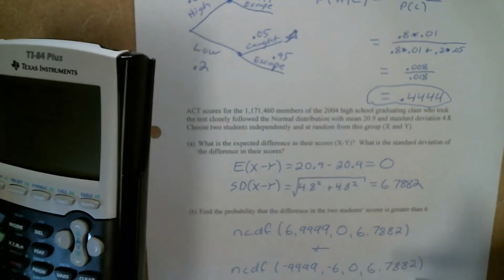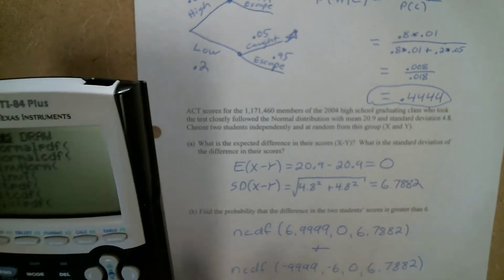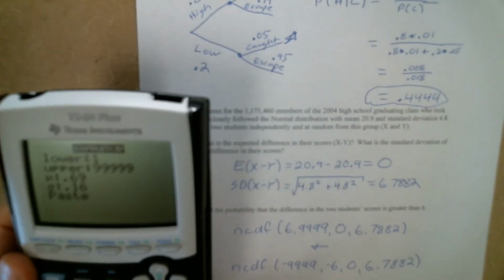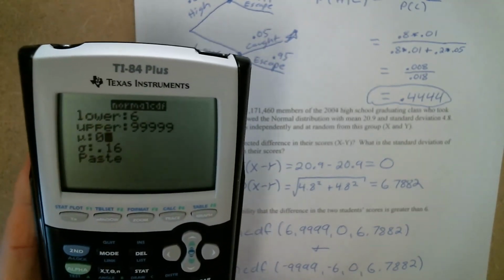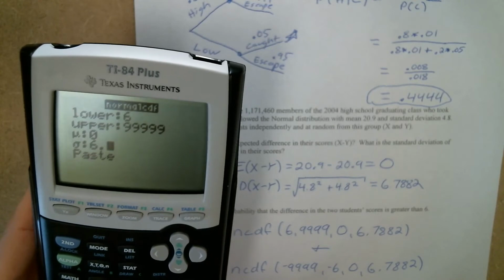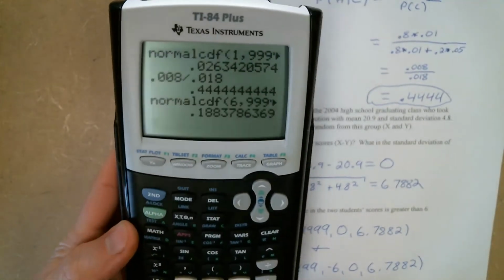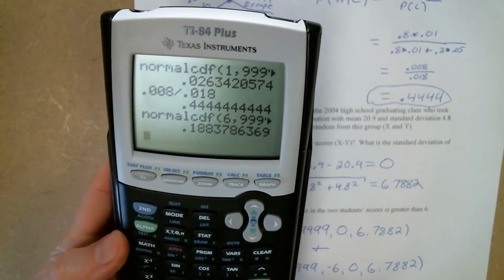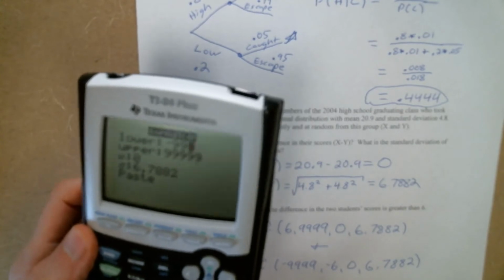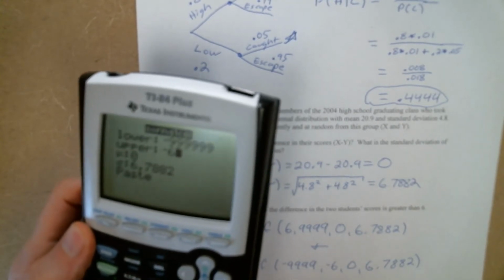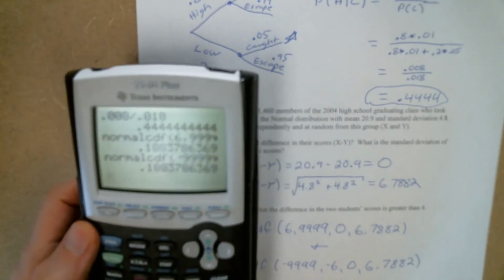So we want to look at it in both directions. And now these are actually going to give us the same result because, again, the curve is centered at 0. So we could just do one of them and double it, but I'll show you that you get the same result. So 6 to 9999 when the mean is 0 and the standard deviation is 6.7882. All right, so that gives us like 0.1884. And then if I do the negative version of that and go from negative 9999 to negative 6, that gives me the same exact result.